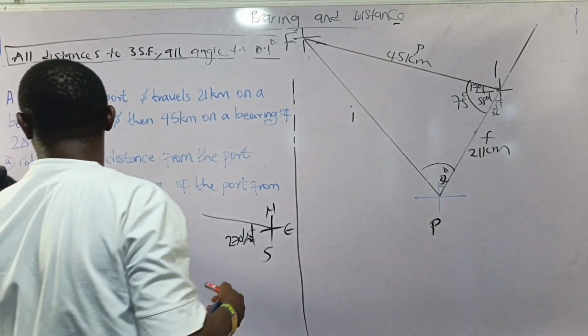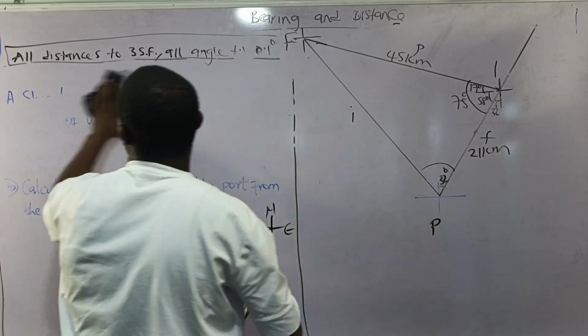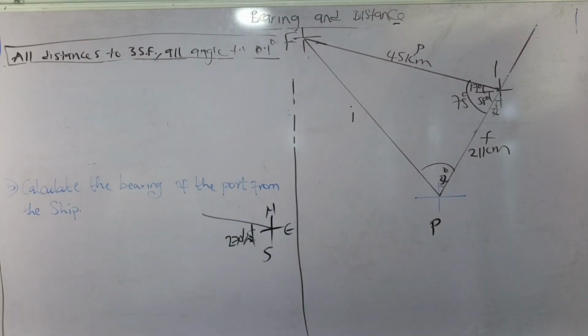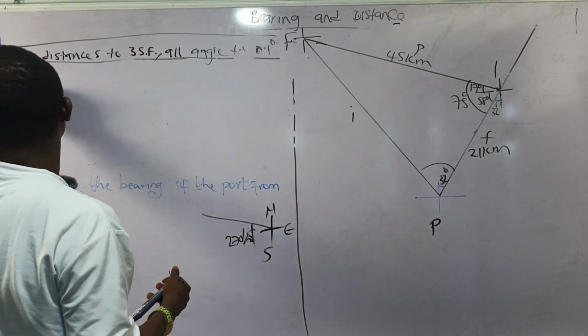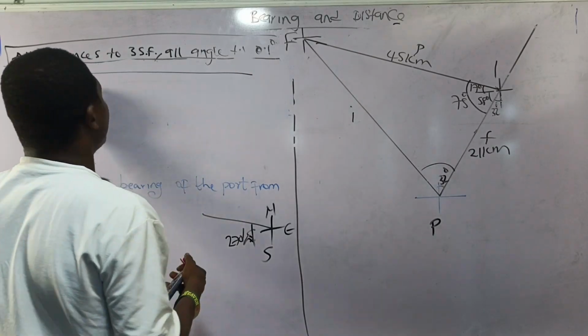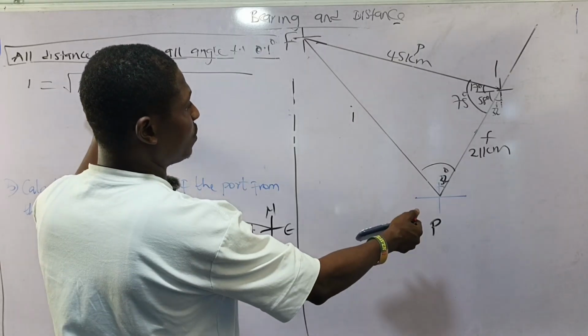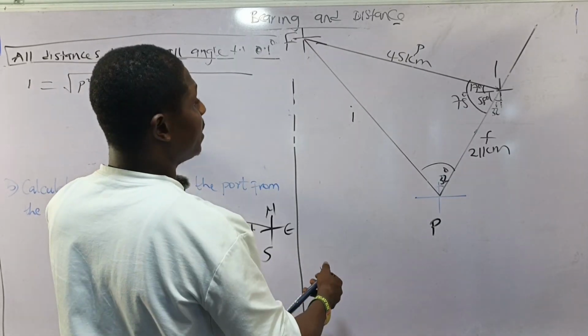Now I can get my side easily using the cosine rule. So let me clean this part. I've already seen what I'm looking for. Now, using my cosine rule, I can just say i, and I'll put everything under a square root. i becomes p squared plus f squared.